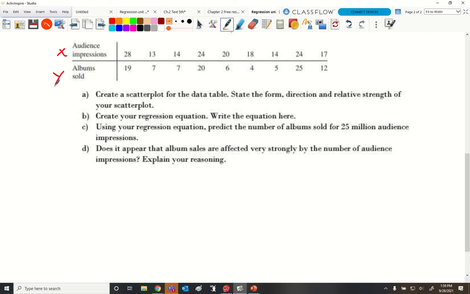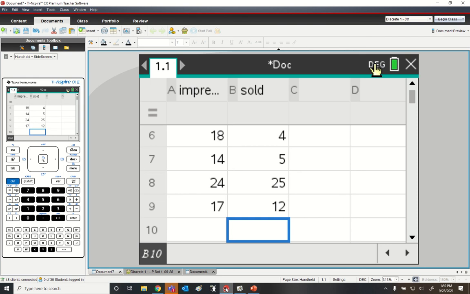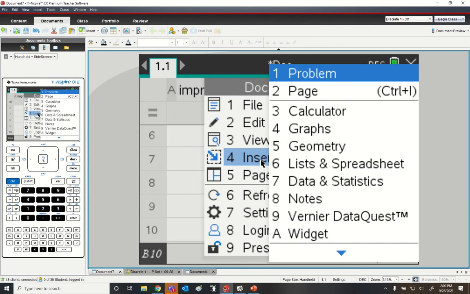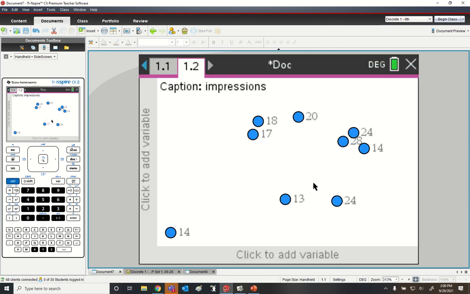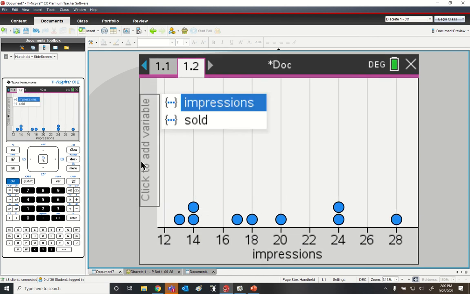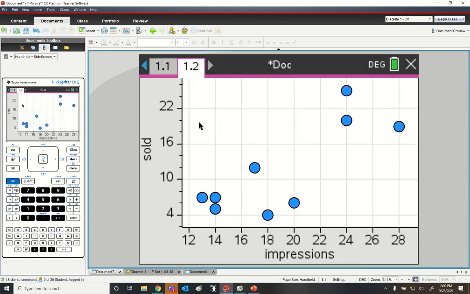Same steps. We're going to go through the exact same steps after I figure out the equation I'm going to use. Wrong one. Right here. So, doc, Insert, and data statistics. Label my impressions and my sold. There we go.